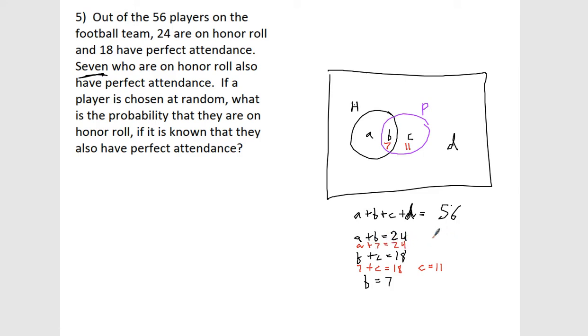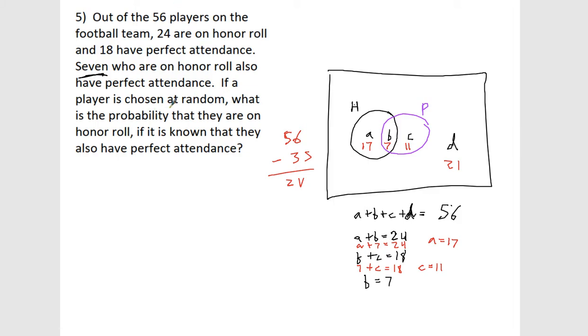You can subtract 7, get A is 17. And then I can know that there are 56 football players total. These three add to 35. I do 56 minus 35 to get 21 players are neither on the honor roll nor have perfect attendance. All right, now we can answer the question.